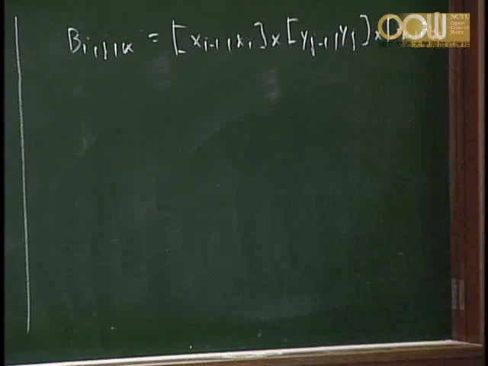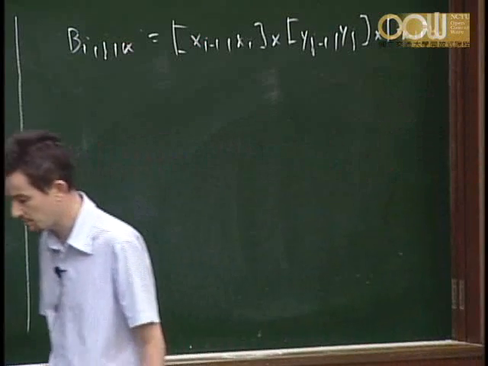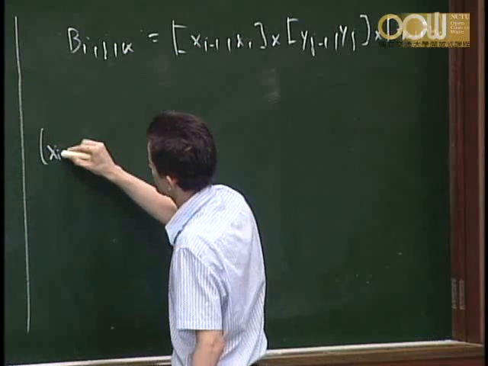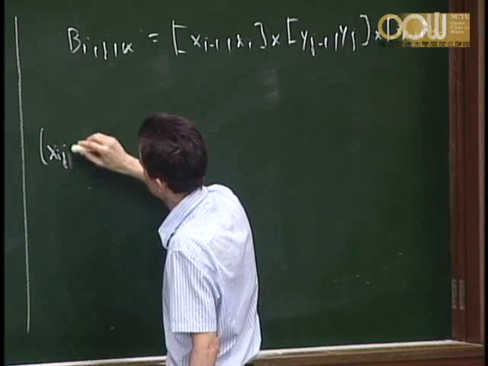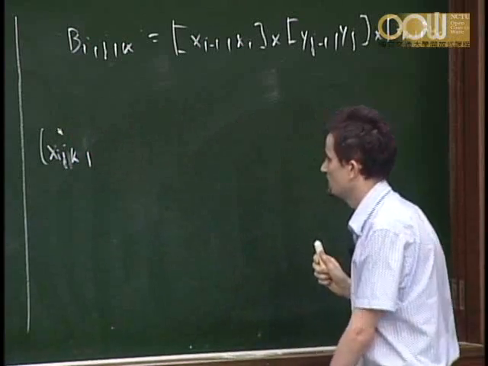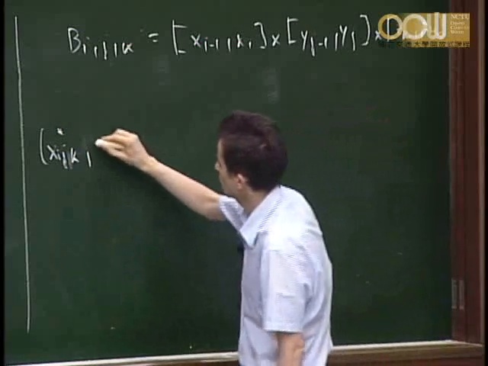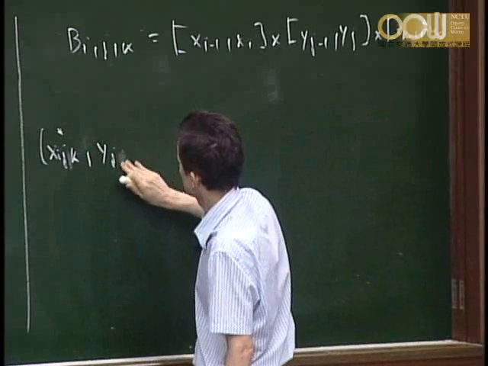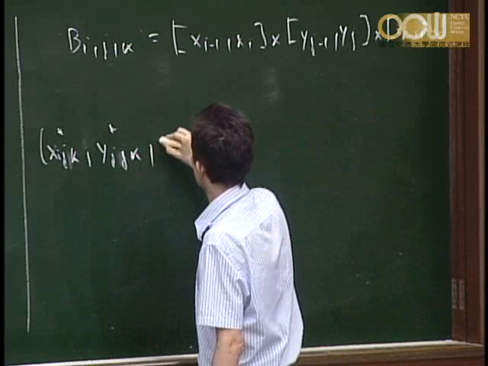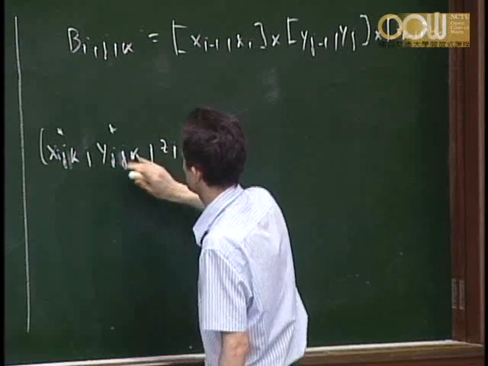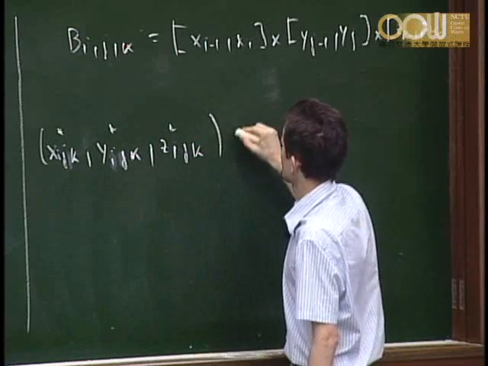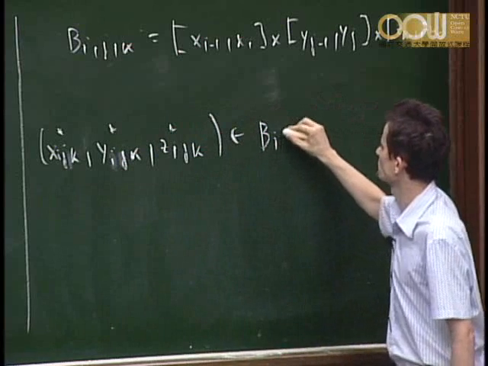Now what we have to do is choose a sample point inside this box. The notation gets a little awkward because we need three indices. So this is the x coordinate of the sample point, the y coordinate, and the z coordinate. This should be some sample point in the box.